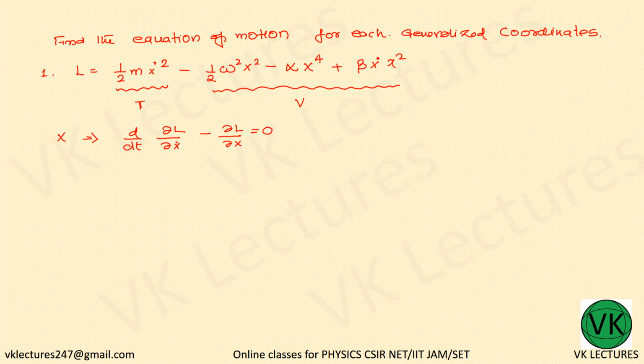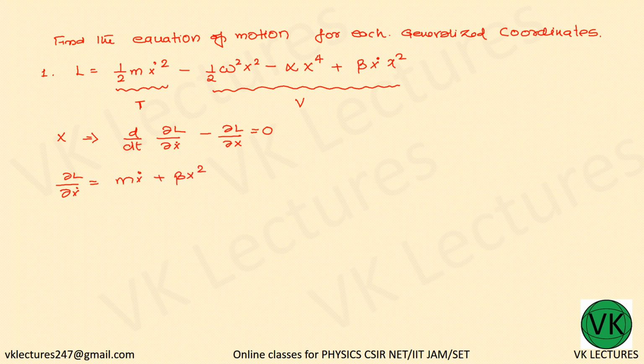So let us write down what is dou L by dou x dot. That's equal to half m x dot times 2, so m x dot, and another term which consists of x dot is this one, so plus beta x squared.